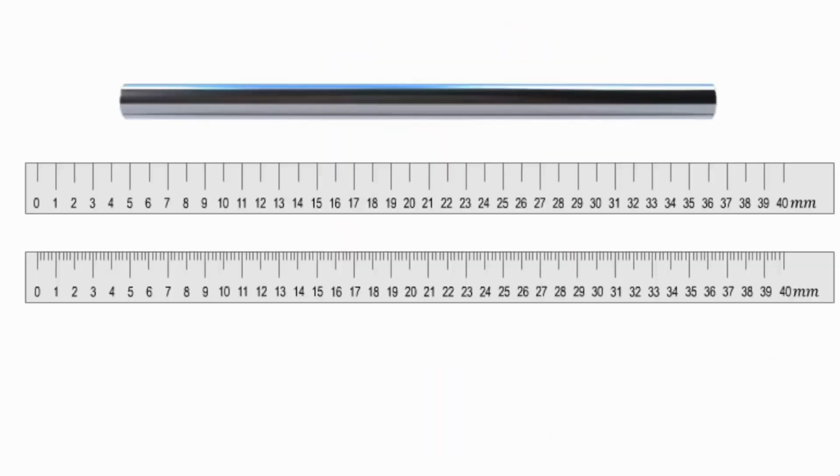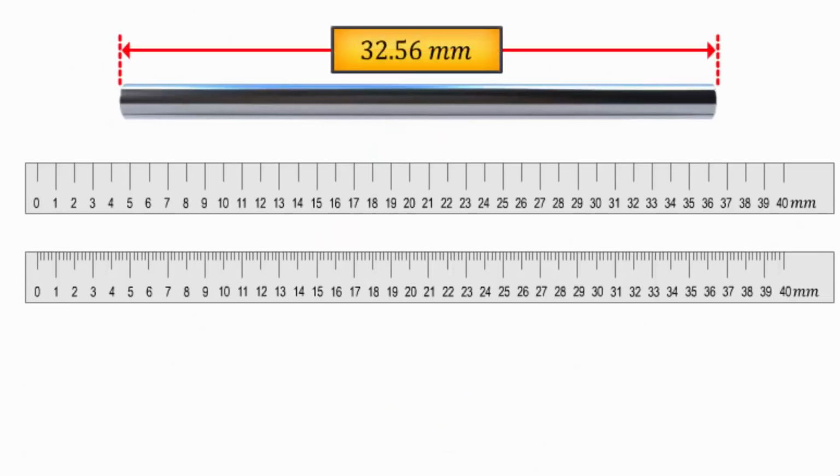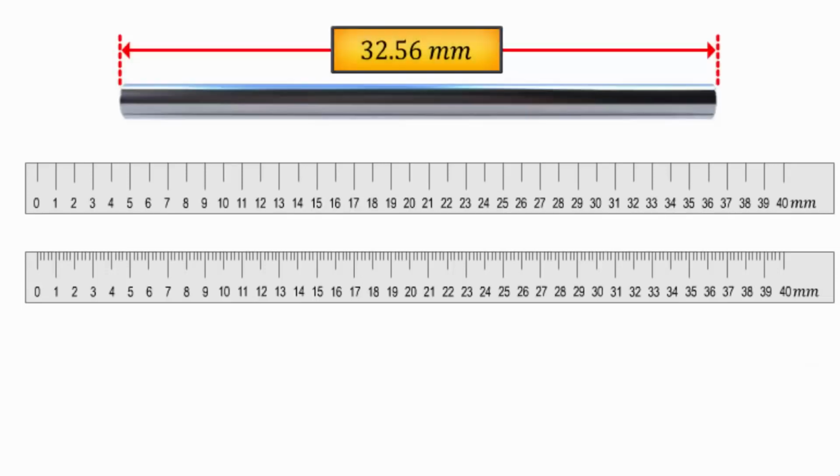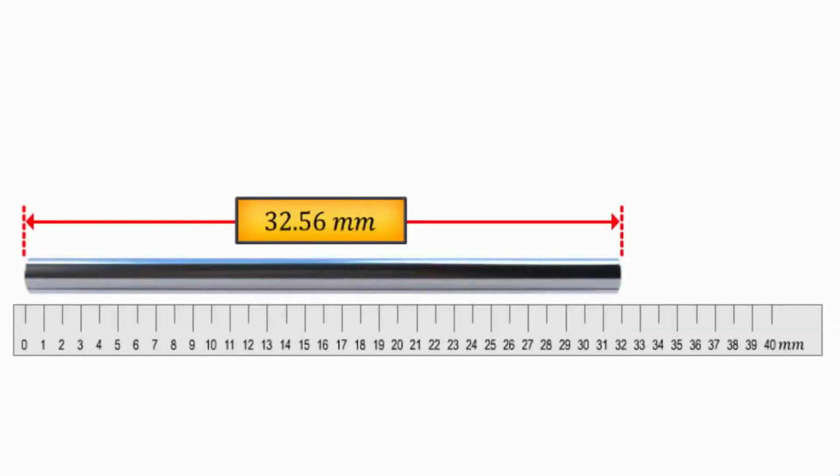Take, for example, an object whose absolute length is 32.56 mm, measured using 2 different instruments. Using the first instrument with a resolution of 1 mm, we obtain the measurement as 32 mm. Let us call this measurement M1.